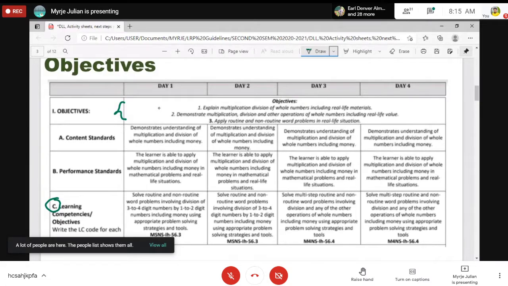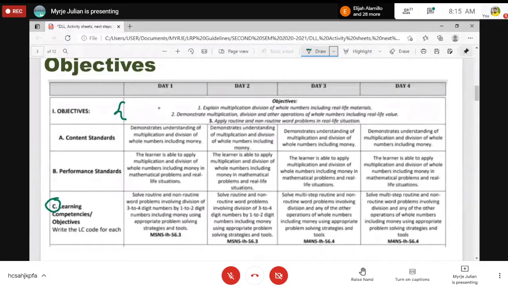Okay. Actually, this pupil has two learning competencies. The first is to solve routine and non-routine problems involving division of 3 to 4 digit numbers by 1 to 2 digit numbers, including money, using appropriate problem-solving strategies and tools. The second is to solve multi-step routine and non-routine word problems involving division and any of the other operations of the whole number, including money, using appropriate problem-solving strategies and tools.